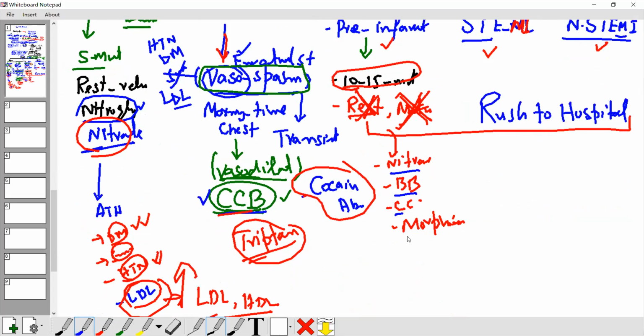Nitrate, beta blocker, calcium channel blocker, morphine, and what drugs do you add here? More drugs: a drug for LDL and a drug for hypertension. Understand?